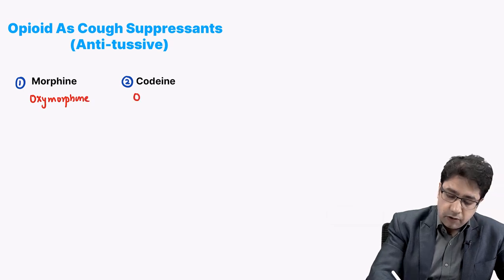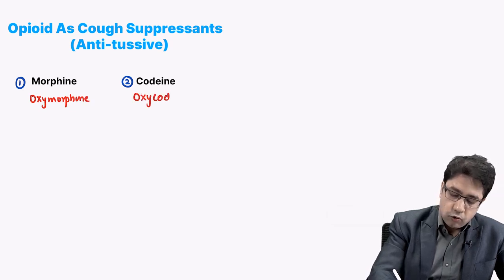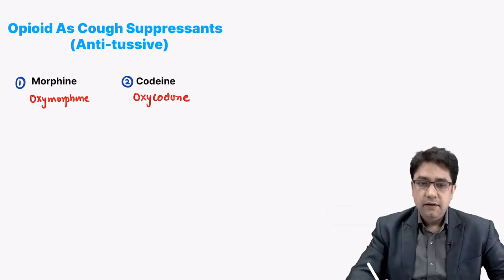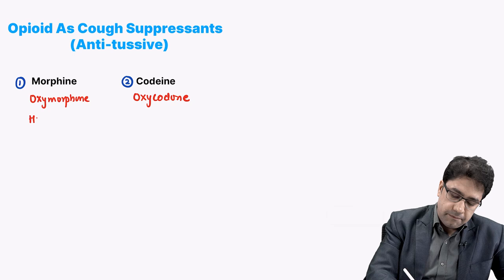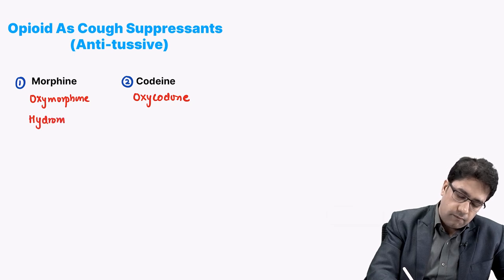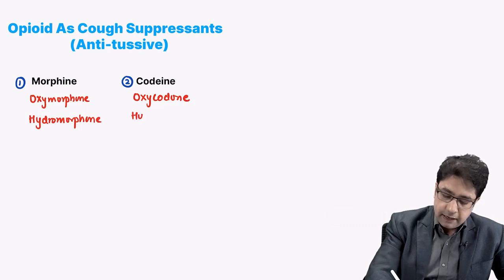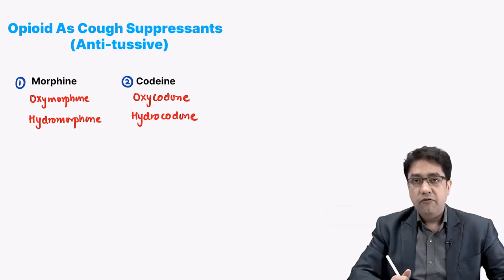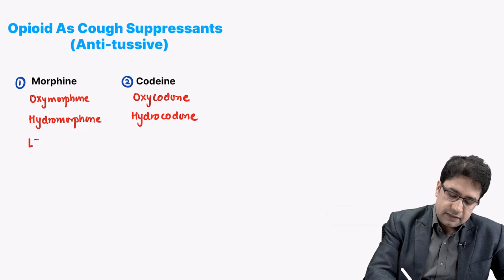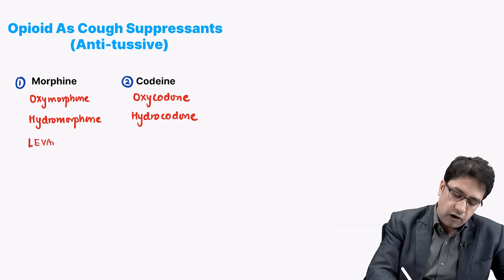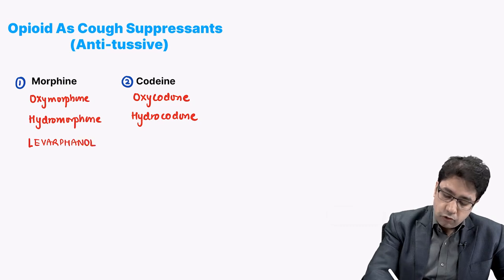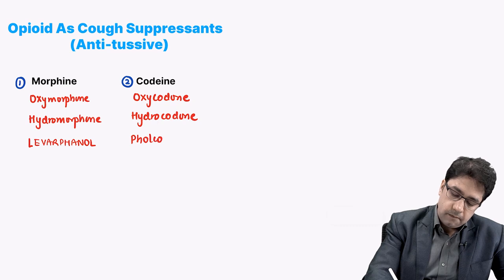Similarly, from codeine we have made oxycodone. From morphine we have made hydromorphone. Similarly, from codeine we have made hydrocodone. From morphine we have made a different name drug, levorphanol. And from codeine we have made pholcodeine.